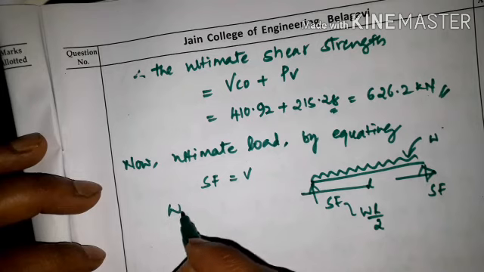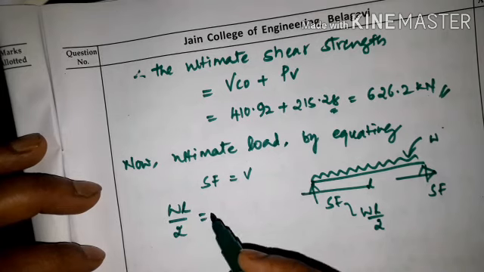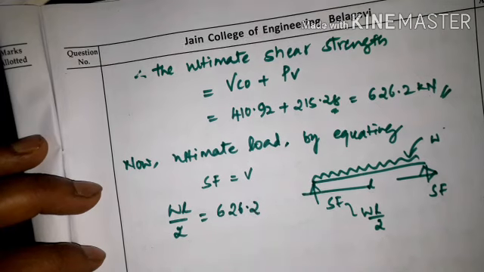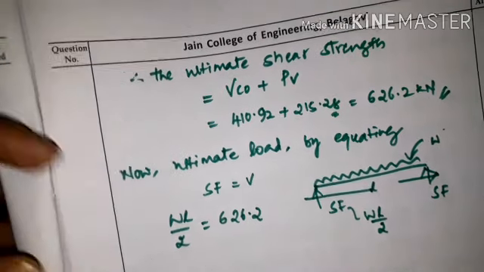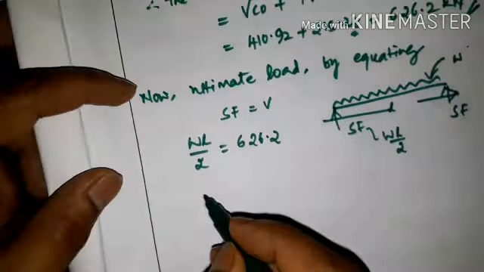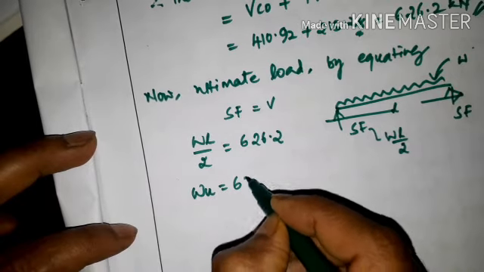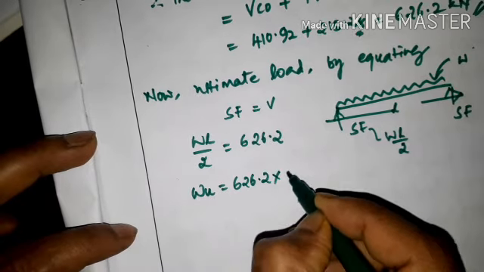So WL by 2 is equal to V. V we have got as 626.2. Therefore you will get WU from this: 626.2 into 2 divided by L, which is 25.